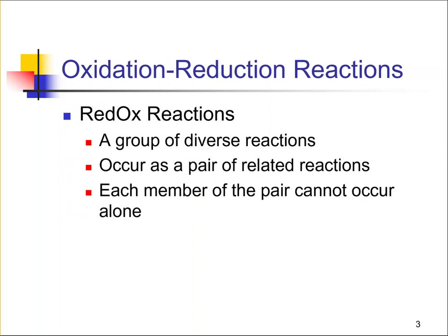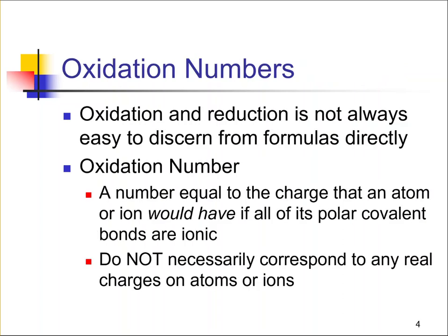So redox reactions are a group of diverse reactions, and these reactions occur in a pair, meaning that if oxidation is taking place, there has to be reduction taking place too. So in a redox reaction, we should have both oxidation and reduction happening at the same time. Knowing if oxidation or reduction is taking place is often not easy to tell by just looking at the reaction.